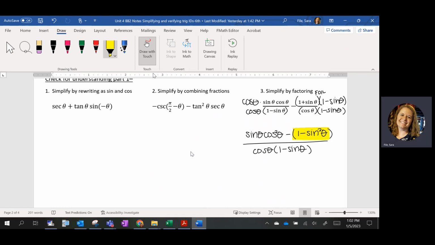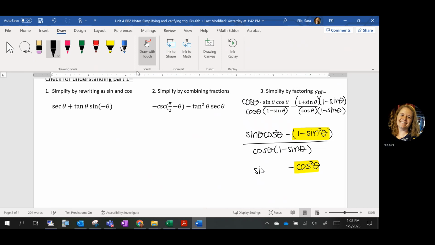That's a Pythagorean identity. Okay, what is that equivalent to? Cosine squared. So I'm going to make that substitution. That's equivalent to cosine squared theta. Okay, and that's being subtracted.